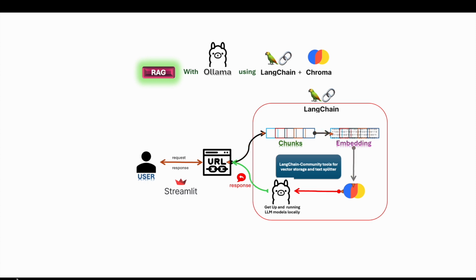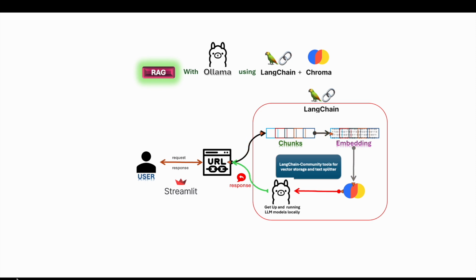So how does it work? Basically, the user will send a request. In the request, he will send URLs, separated with lines. Then using LangChain we will create the chunks, with an overlap of 100 and chunks of 7500, and then do the embedding.